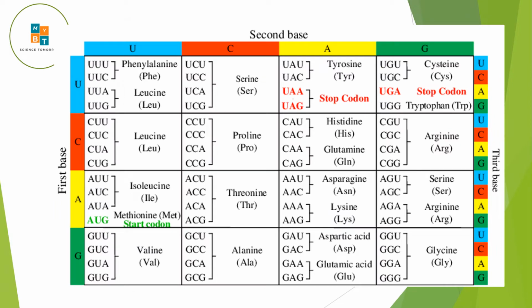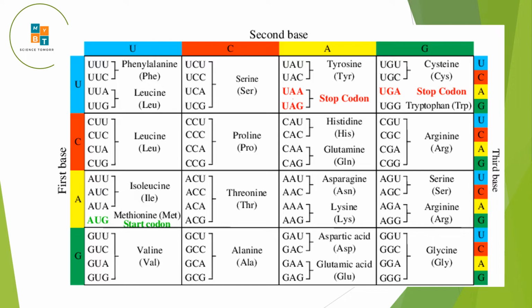So this is the table of codons. From this table, AUG is the start codon, and UAA, UAG and UGA are the stop codons. These four should be remembered.